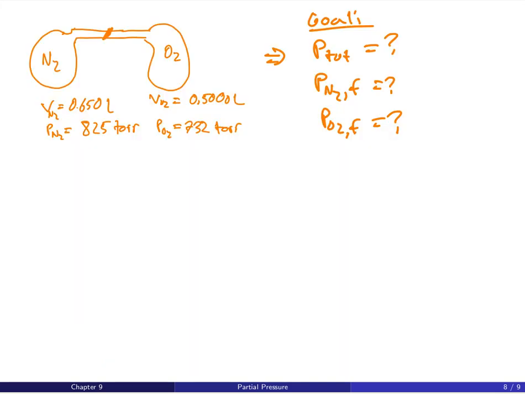Okay, to give ourselves a little bit more room here, we're going to take this setup, and our goal is to find the total pressure and the partial pressures of each one of these gases. Of course, once we have both of these partial pressures, we can use Dalton's law of partial pressures to get that total pressure. So really, if we can get to the final partial pressure of N2 and O2, then we'll be home free.